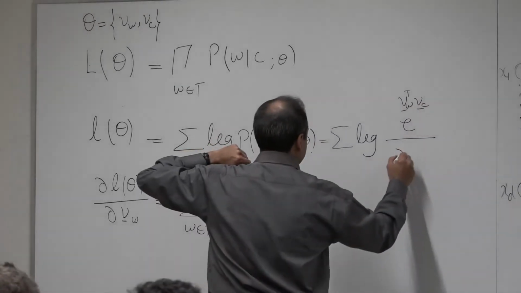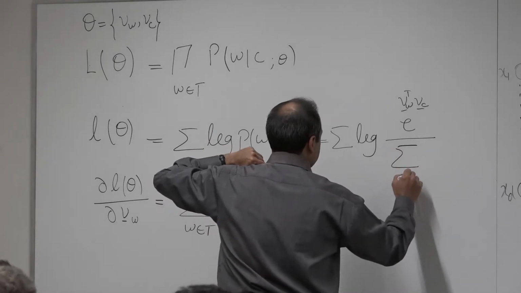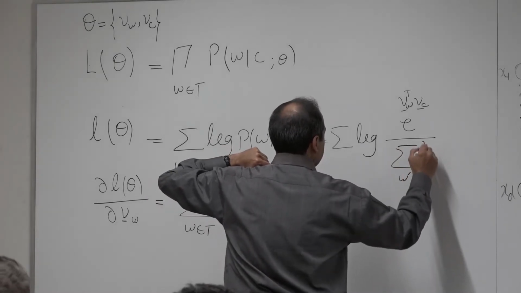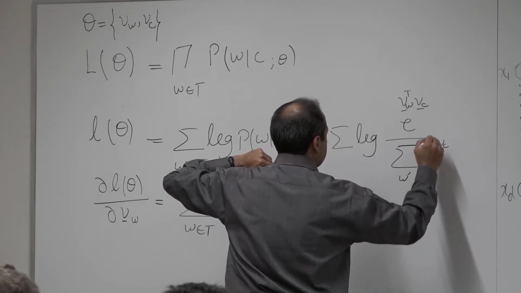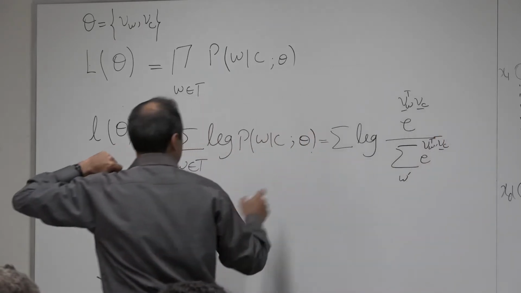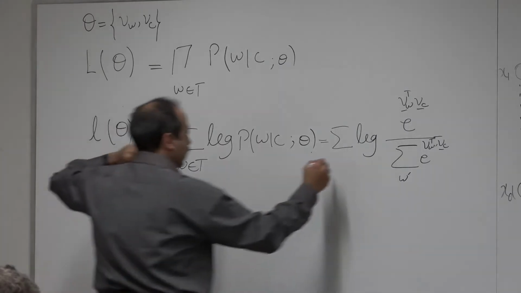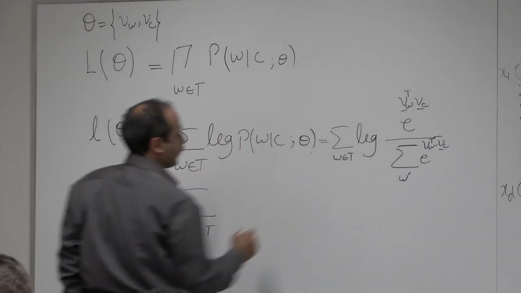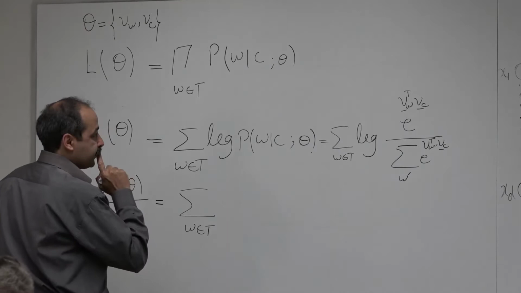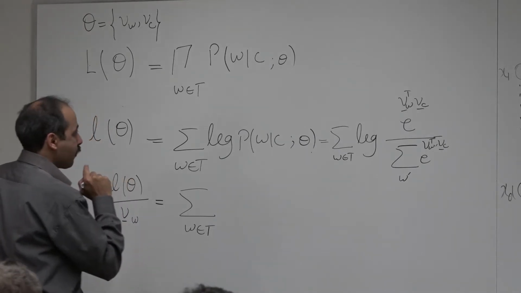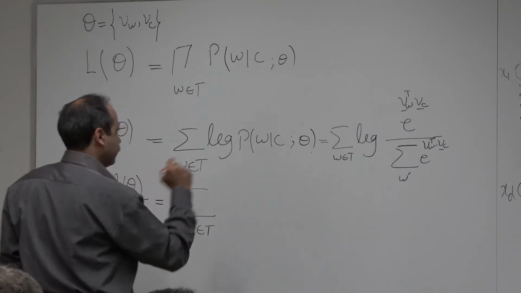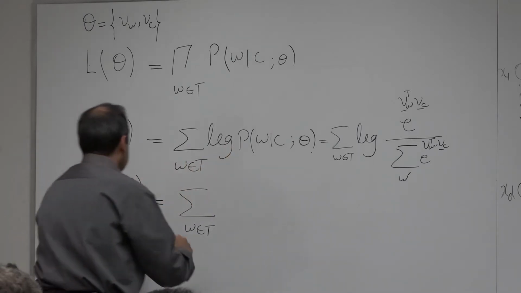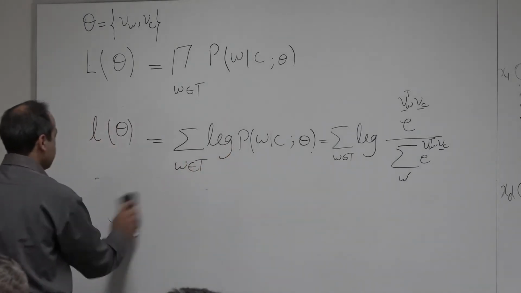Divided by summation over all W prime of e to the power of Vw prime transpose Vc. So I need to take the derivative of this. Maybe we apply this log first.